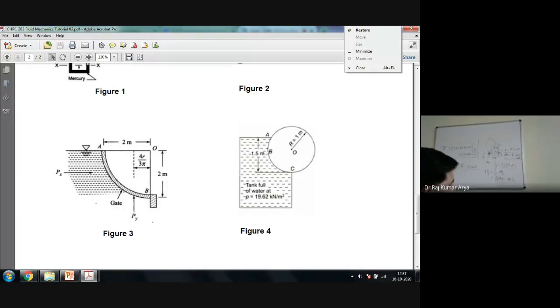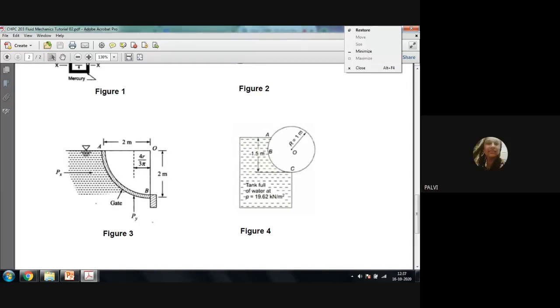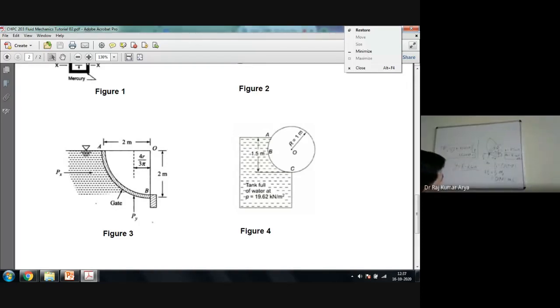Okay. Yes, sir. So this way you can calculate forces on all spherical surfaces, or maybe a circle also, anything which is in this particular form, or maybe a curved surface also sometimes. The answer I can tell you in the next class, because I have answered it in a different file.